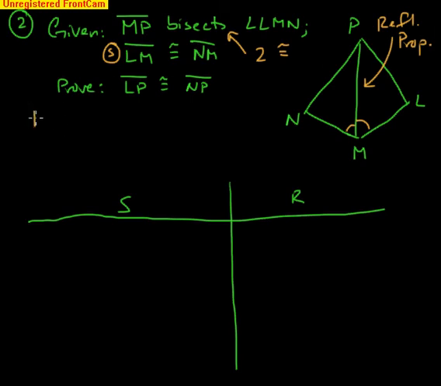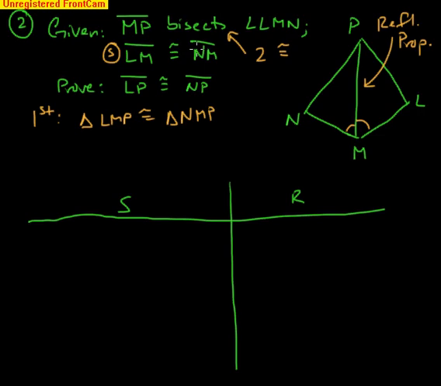So the two triangles we have to prove congruent, right? First we have to prove triangle, let's work with LM first. So that's the triangle on the right. Let's call this LMP. We need to prove it congruent to triangle NMP.